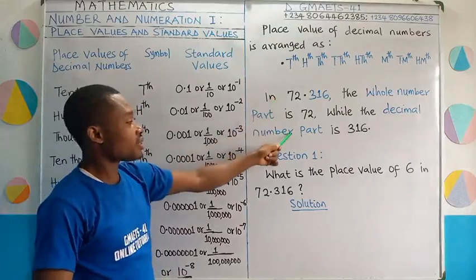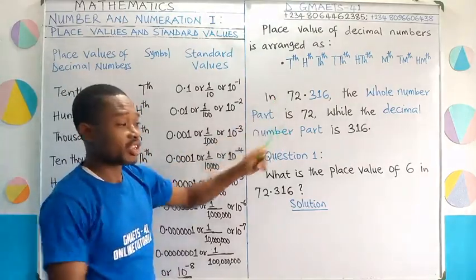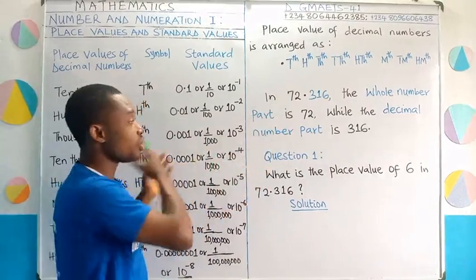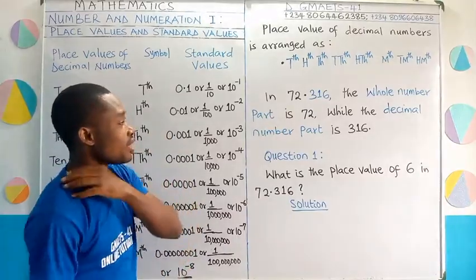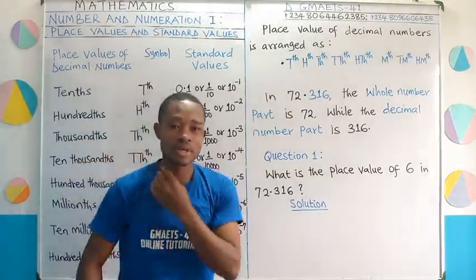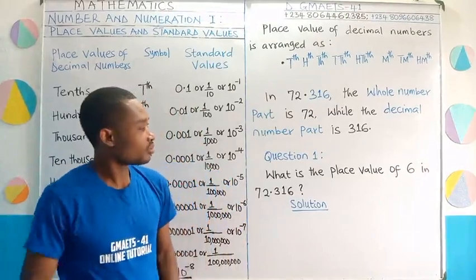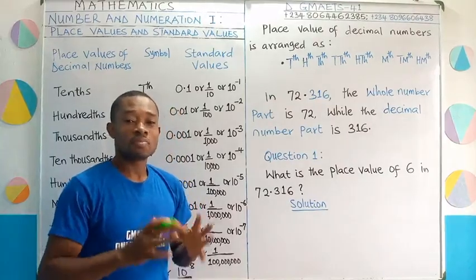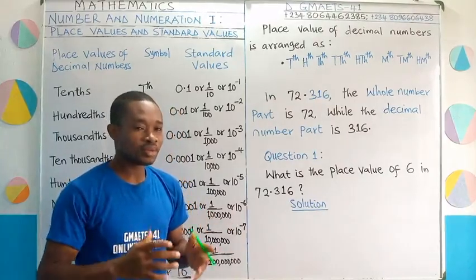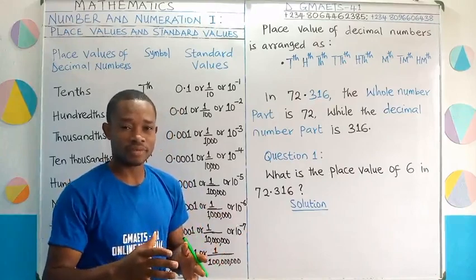Alright, I've explained this before. If I give you a decimal number, you should be able to know the part that is the whole number and the part that is the decimal digit part. This is much you should know about decimal place values.